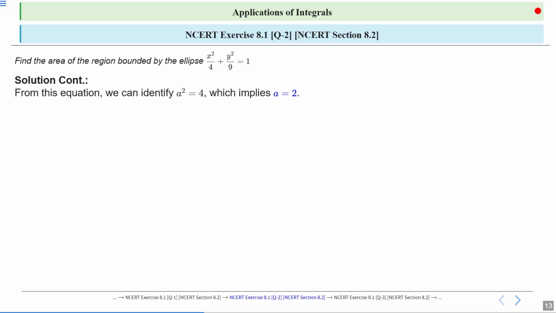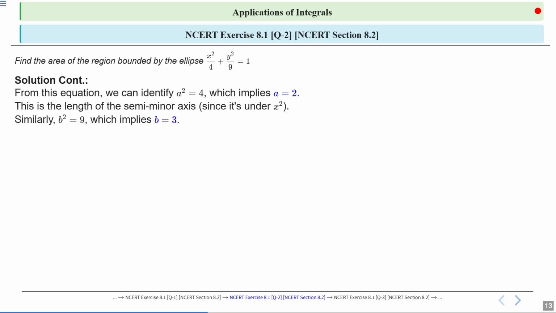So from this equation, we can identify a square is equal to 4, which implies the length of a is equal to 2, and this is the length of the semi minor axis since it is under x square. Similarly, b square is equal to 9, which implies b is equal to 3.